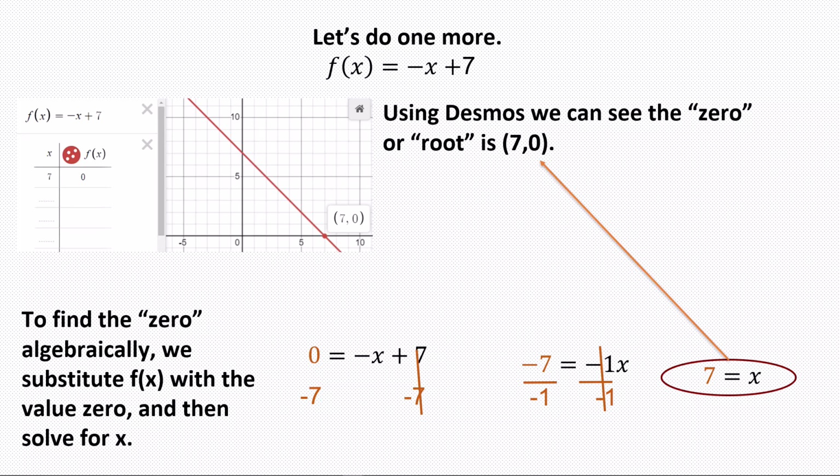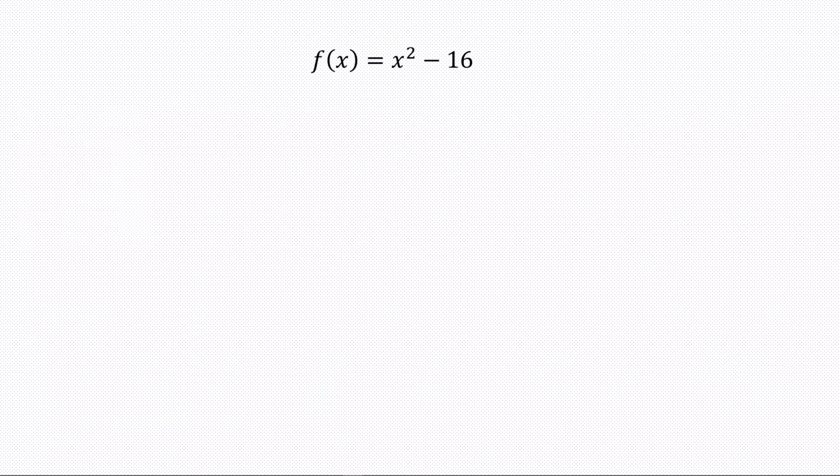Now we'll use Desmos to work out the zeros for some advanced functions. Here is an equation with an x squared variable term, commonly called a quadratic function. We'll study these in more depth later on, but using Desmos to find the zeros is a fairly simple process.